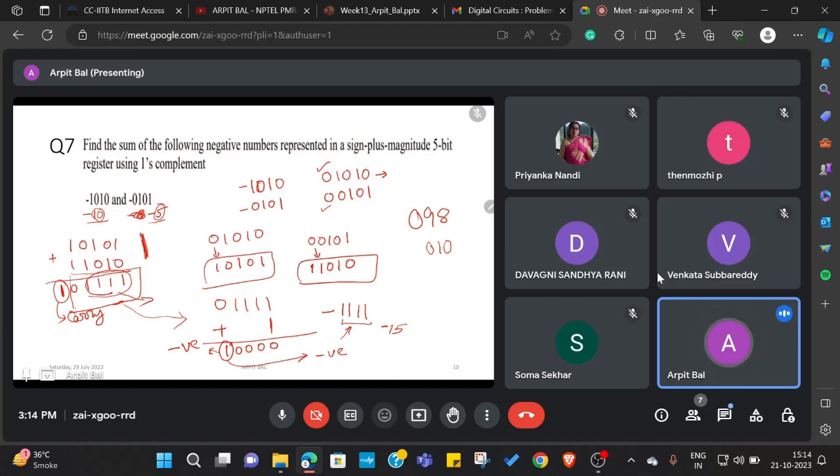Okay. And I get their 1's complement representation first, but before that we need to make it 5-bit, so I just appended 00 here. After that, for 1's complement, what we need to do is toggle all the bits that are present.